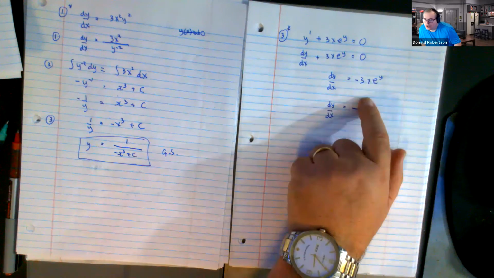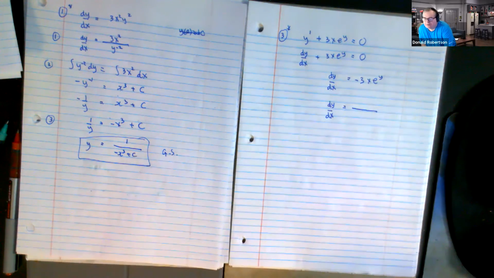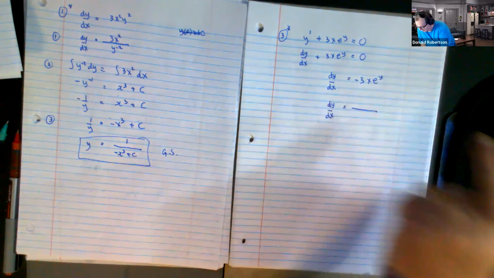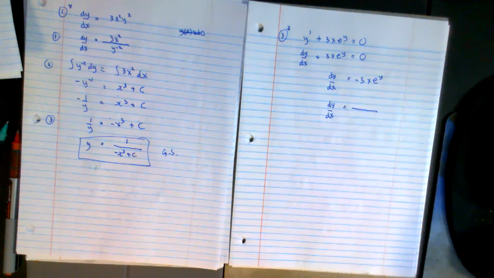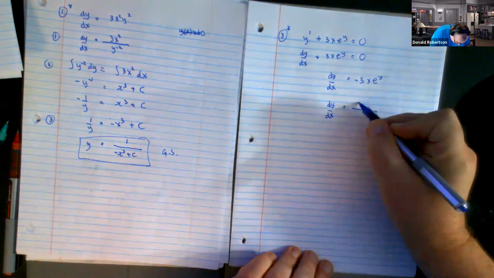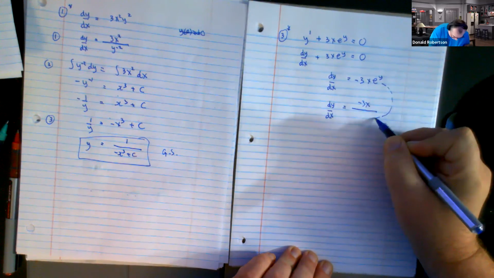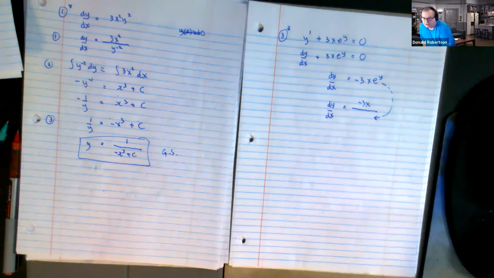Okay, what goes on the top, the numerator of this fraction? What goes on the top here? Negative 3x. Correct. How are we going to rewrite that e to the y so it now looks the way it needs to look by being on the bottom?